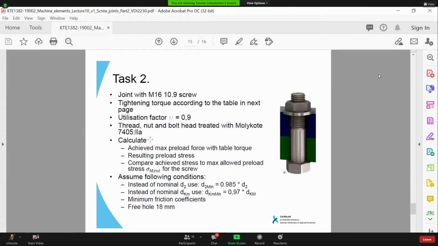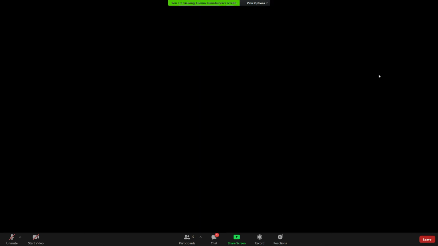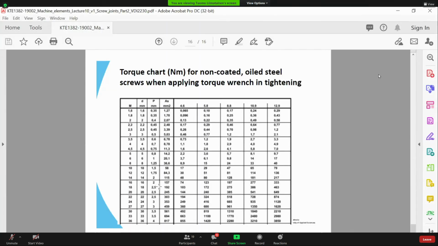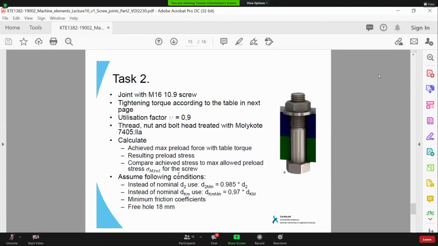And now we just used the table value for the torque. So we have the table value for the tightening torque, and still we are basically breaking the bolt already in the tightening. The reason is that we have this Molykote lubricant. It doesn't mean that it would be wrong to use the Molykote.